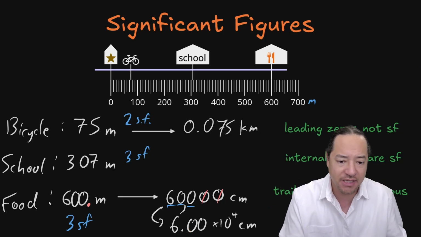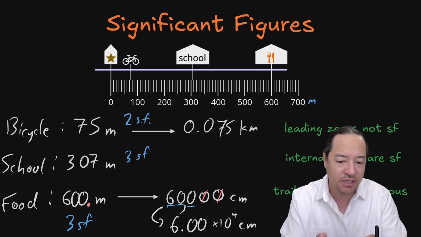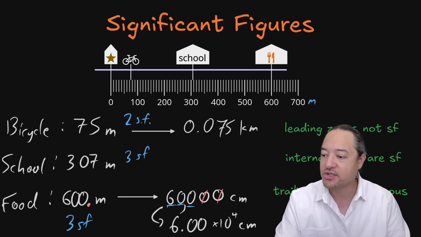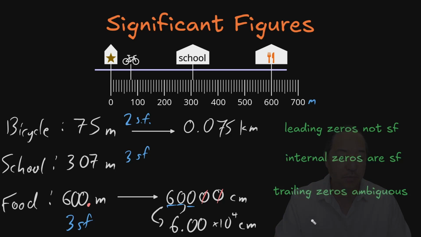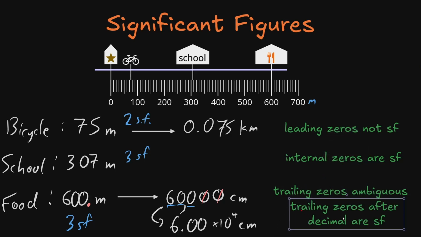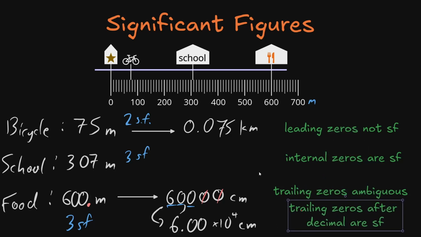Otherwise, why would you write it down? If you didn't make that measurement, you wouldn't write it down, right? So trailing zeros can be ambiguous, but if you've got a decimal point, then any trailing zeros after that decimal point are significant. And so now here it is clear that we have 3 sig figs.